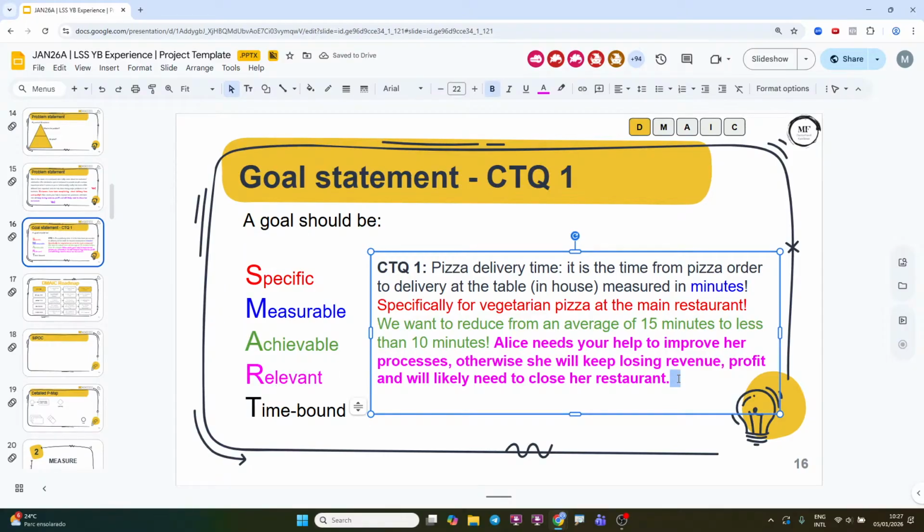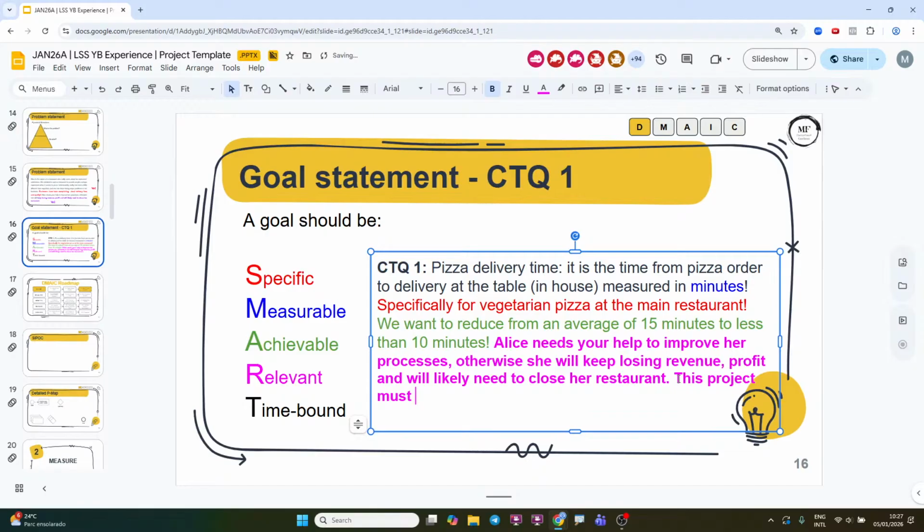And this goal must be reached in less than 3 months, okay? Time bound.